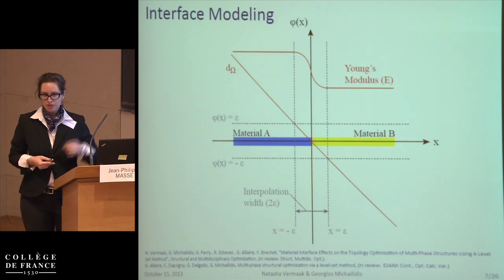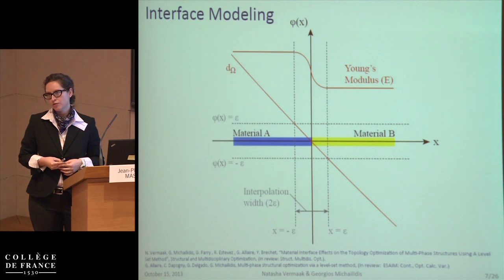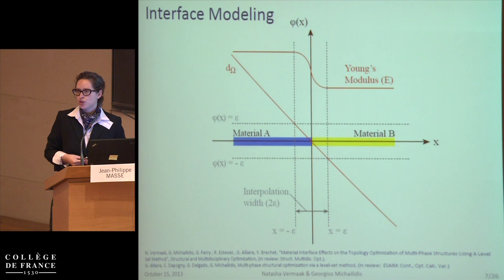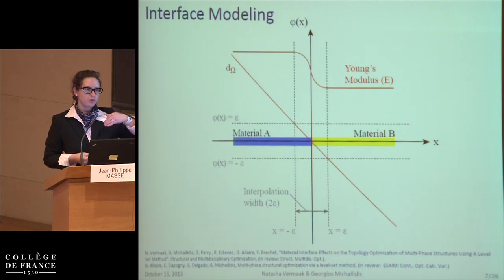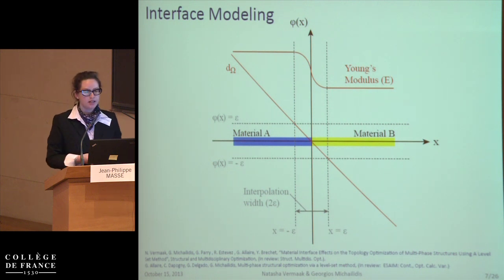So for now, in my 2D problems, I'm going to fix this interface zone to be uniform throughout the domain. And across that domain, I can choose how I wish to portray the transition from one property to the other. So we have bulk materials with bulk properties, for example, Young's modulus, and over my finite interface zone, I go from high to low in a sort of smoothly monotonic fashion.